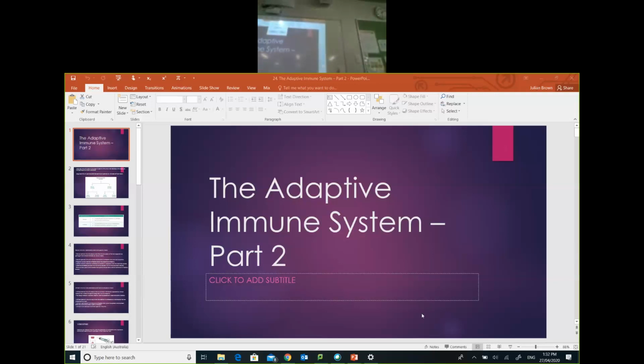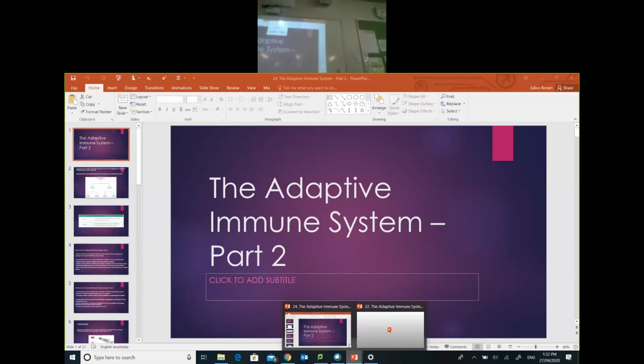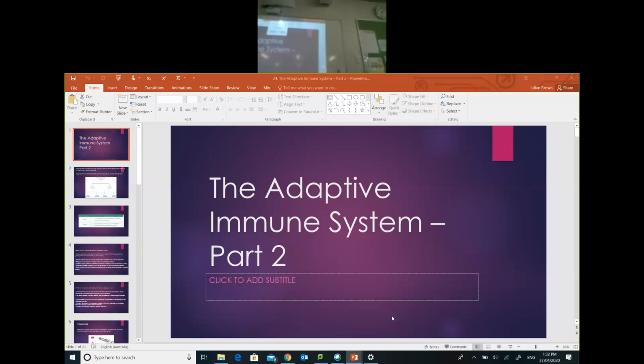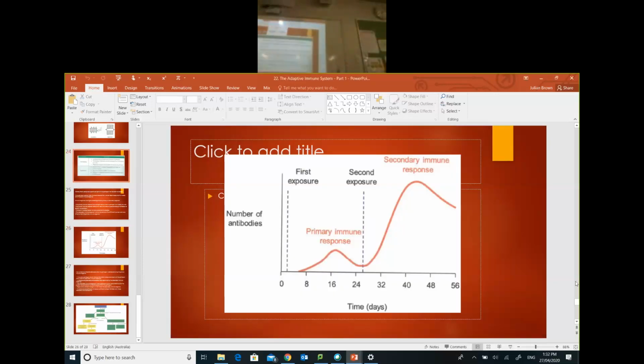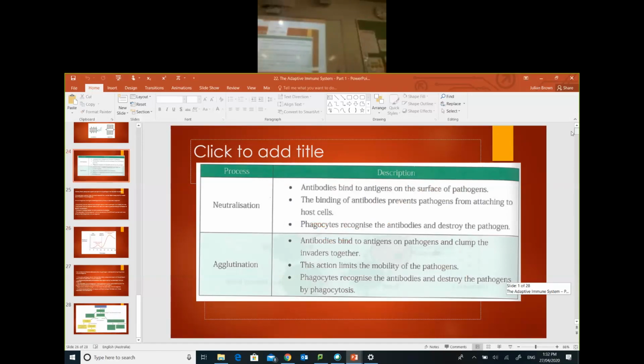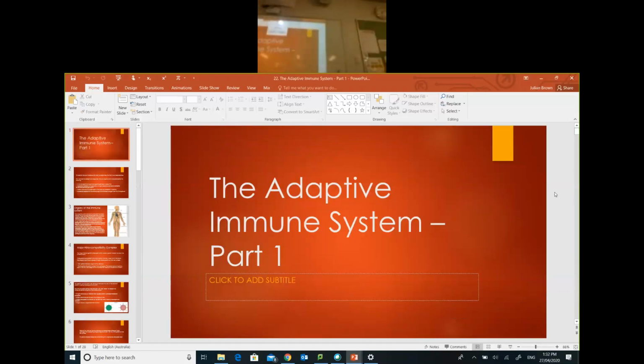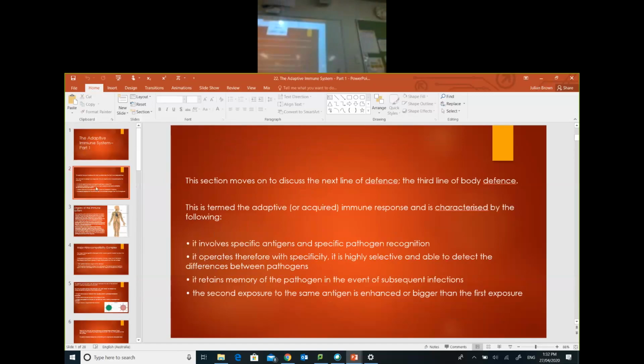Then we started looking at the adaptive immune system, and we said in the first part we looked at, this is our third line of defense, or the third line of our body defense, looking at how the adaptive immune system involves specific antigens and specific pathogen recognition.